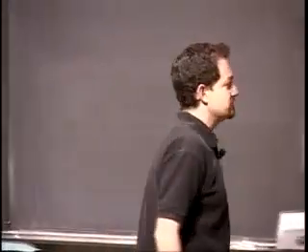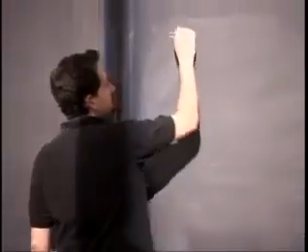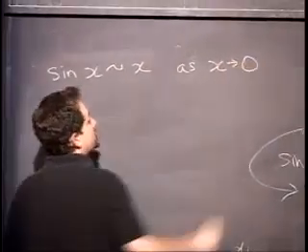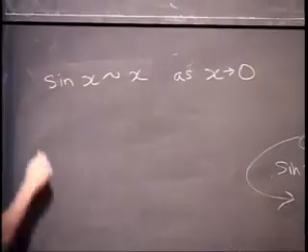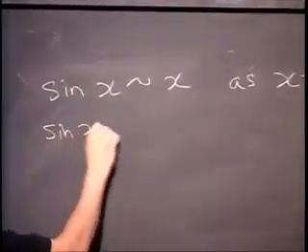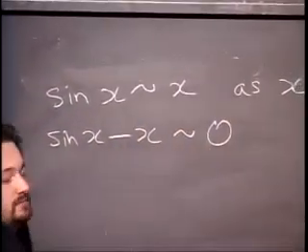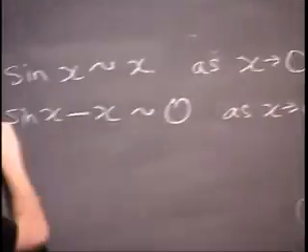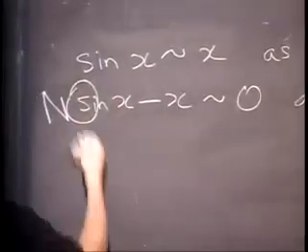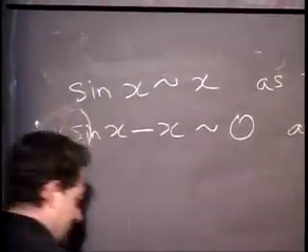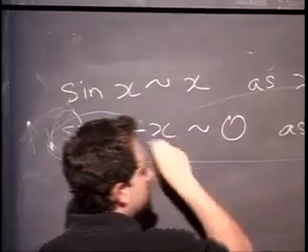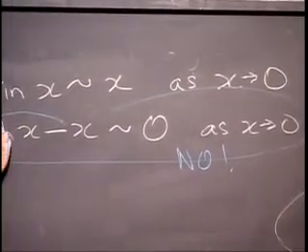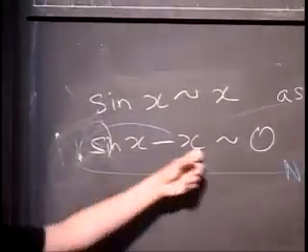Here's what you can't do. Sine x is asymptotic to x as x goes to 0. Subtract x from both sides. No, that's bad. Why is it bad? Well, there's a whole bunch of reasons, but the main thing is nothing can be asymptotic to 0.